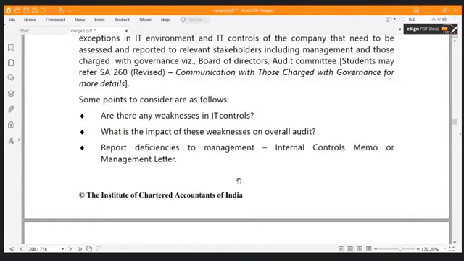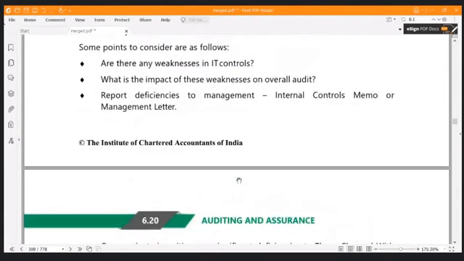Some of the points you can consider: one, weakness in IT controls. Passwords are not there. The firewall is not appropriate. The network, the way it is established, is not appropriate. The equipment purchased is not required for the organization, or the purchased equipment is not sufficient for the organization.